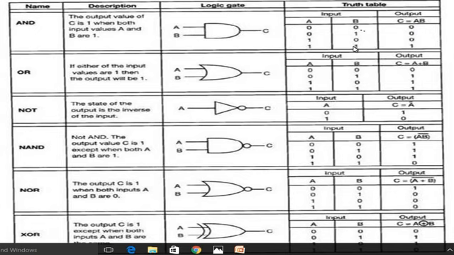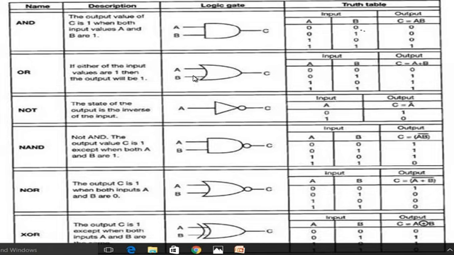Now you can verify the output of AND gate with the help of this truth table. See, in the last case, when both the inputs are high, output will be high, otherwise it will be 0. Then the second gate, OR gate. What is the logic for OR gate?